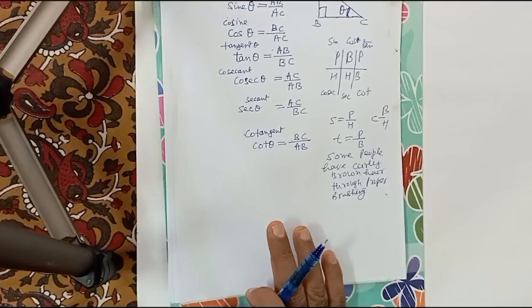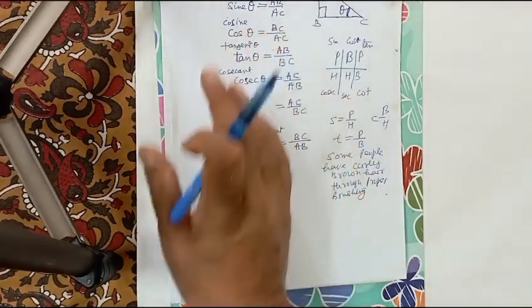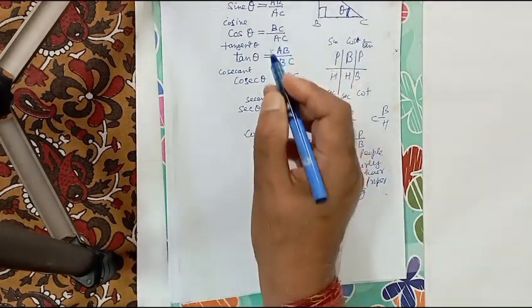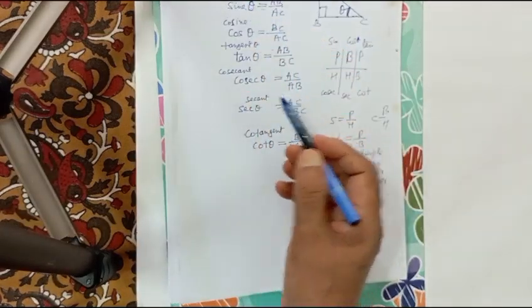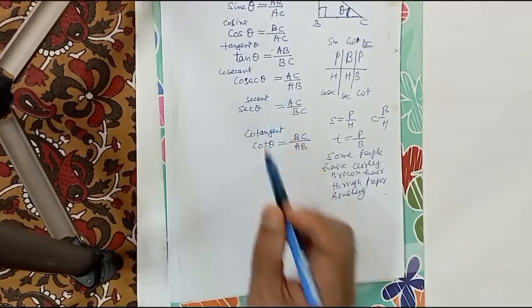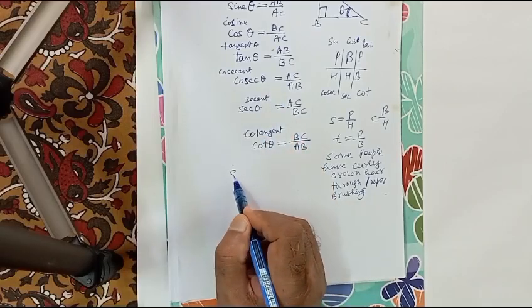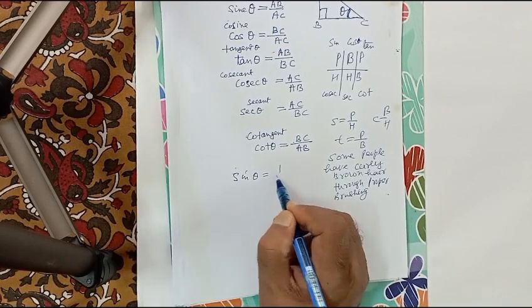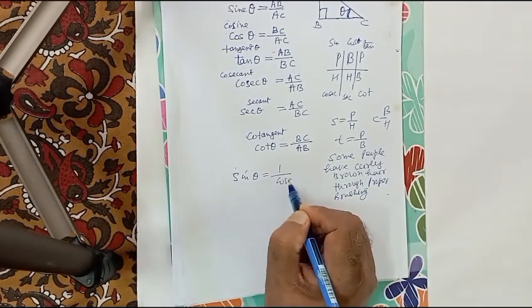Now, when you have learned all this, you can see here that sin theta is the reciprocal of cosec theta. So you can write sin theta is equal to 1 upon cosec theta.